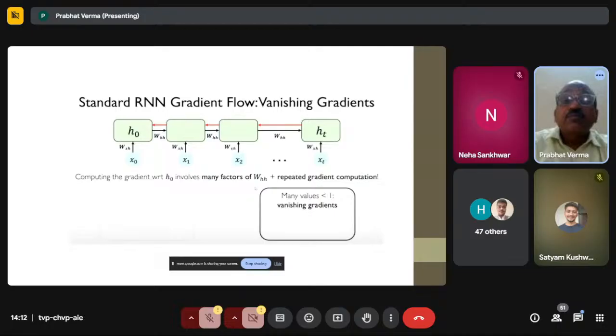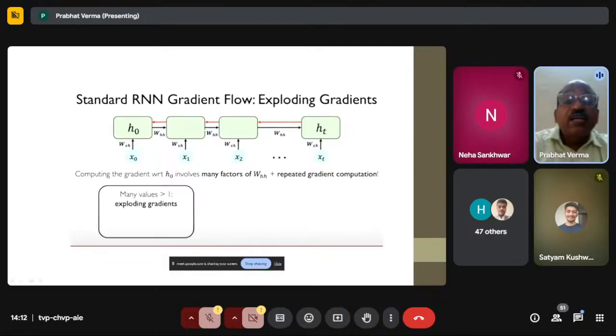The gradient size would be too big. So that is the problem related to exploding gradients, and that should not be there.